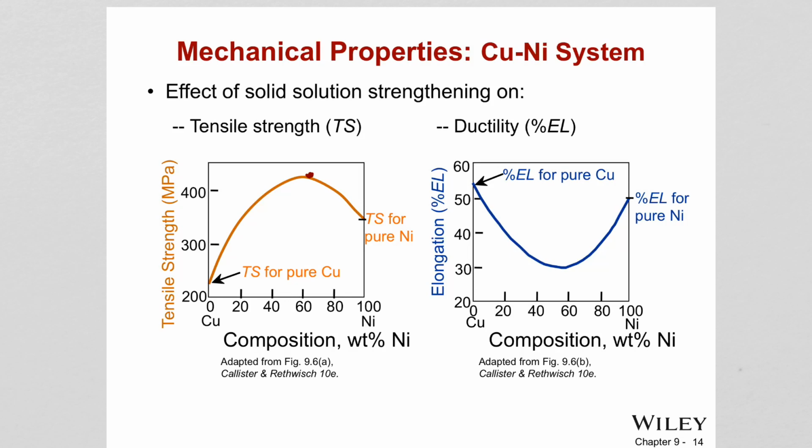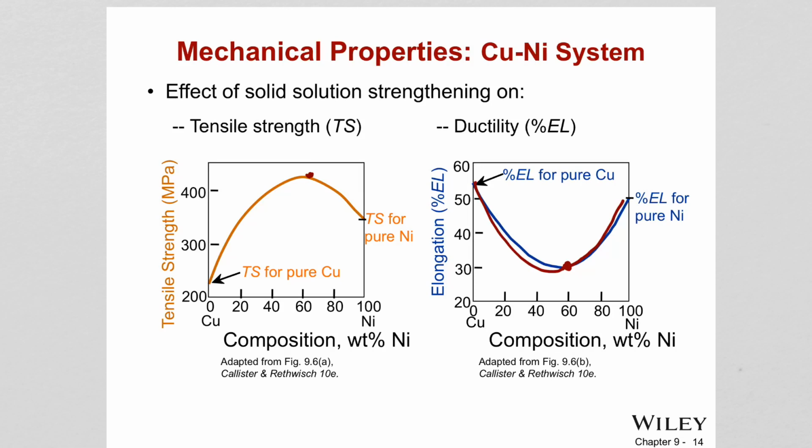This is the tensile strength. If you look at the ductility, similar behavior. Of course, this time the ductility is decreasing with increasing nickel concentration until a point, 60%, and then again increases. So this 60% of nickel seems like the optimum composition for the copper-nickel alloy.